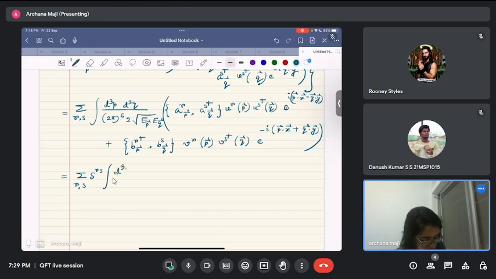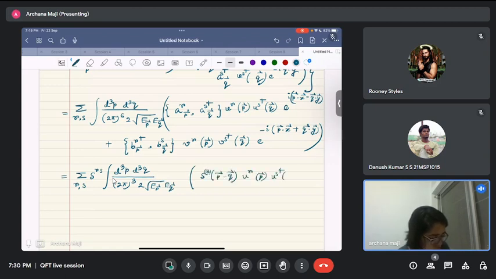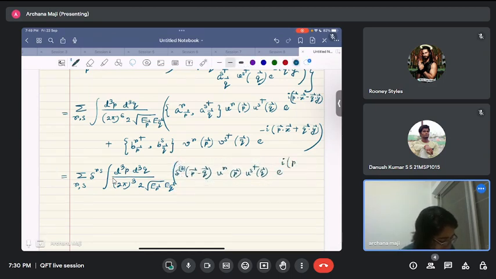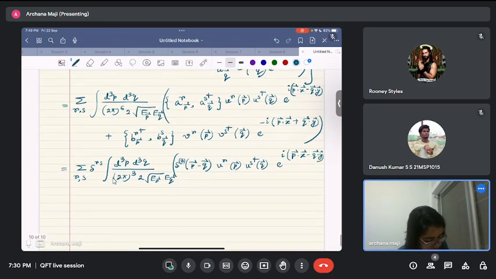So d3p d3q over (2 pi) cube, 2 square root of E_p E_q, we have delta 3 (p minus q), u^r(p) u^s dagger(q), exponential i (p dot x minus q dot y), plus another delta 3 will come for that term.